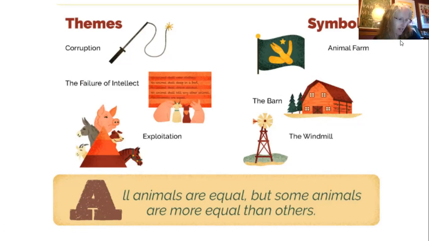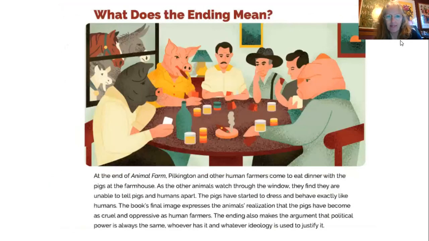Now, the next slide is about the end of the story. If you don't want to watch this, then fast forward over this, because this will give away the ending. Okay, if you want to read it, you can read this now to find out the meaning of the ending.